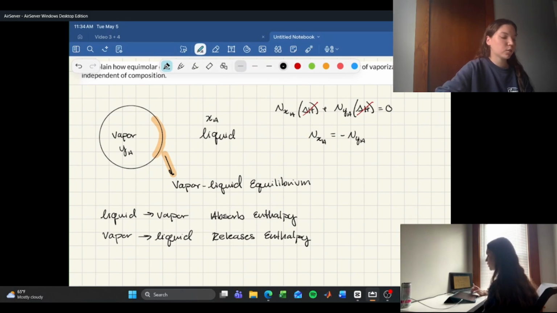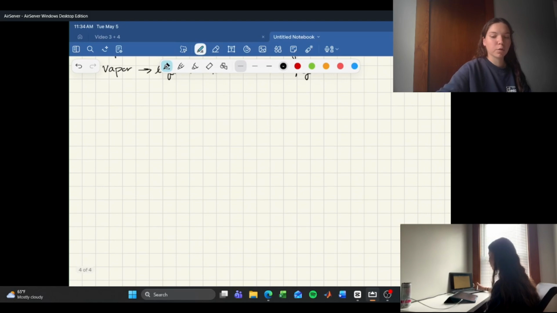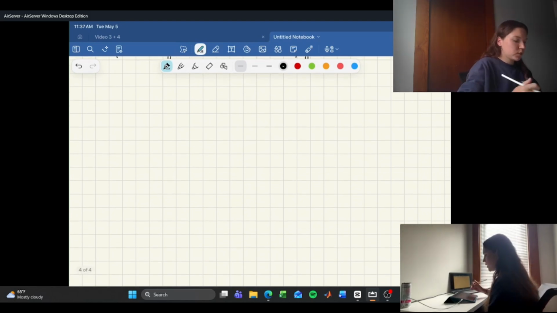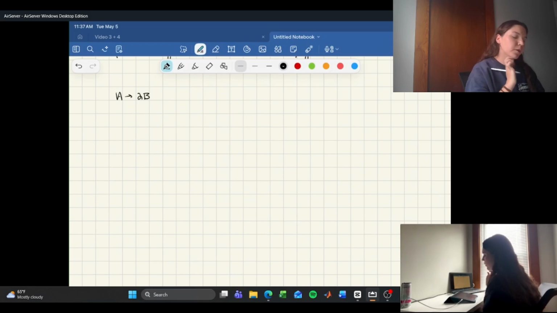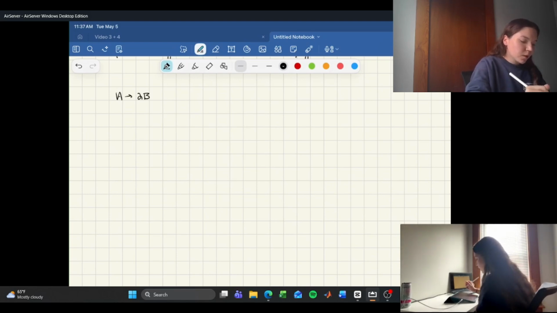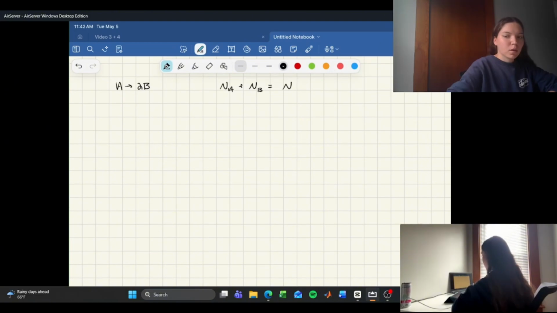Okay, so now what would this look like if the molar fluxes were not equal? So let's say for this example that component A is going to be equal to 2B, it's component B. So the overall flux equation is going to be that the molar flux of A plus the molar flux of B is going to be equal to the total molar flux.